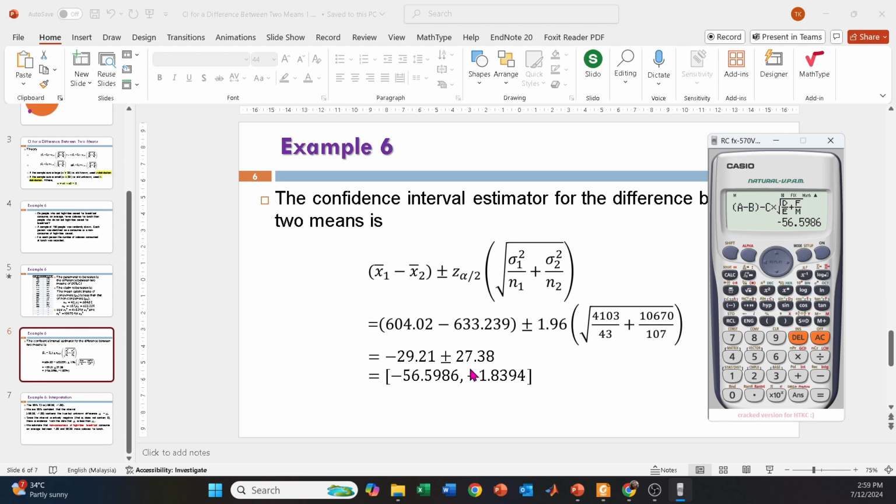56.5986. To get the upper confidence limit, we edit the formula, the minus becomes plus. So we get negative 1.8394.